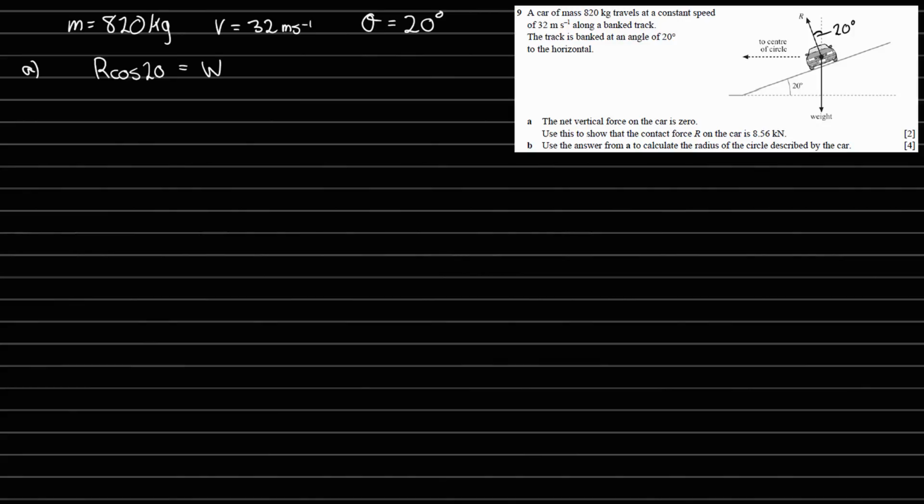And so all we need to do here is think that the weight can be said to equal mg, so we could plug that in, divide both sides by cosine 20, we'd then get that R equals mg divided by cosine 20. And let's input our values here. We would then have that m is 820, 820 times acceleration due to gravity of 9.81, all divided by the cosine of 20.